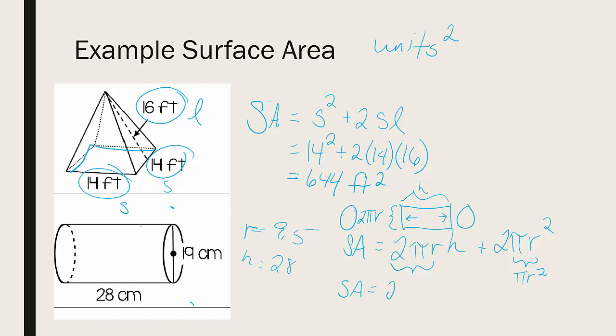So we go 2 times pi, r is 9.5, times the height, which is 28, plus 2 pi 9.5 squared. So we're going to put that in the calculator.